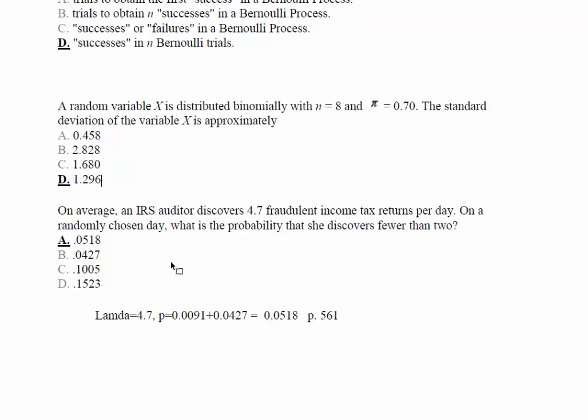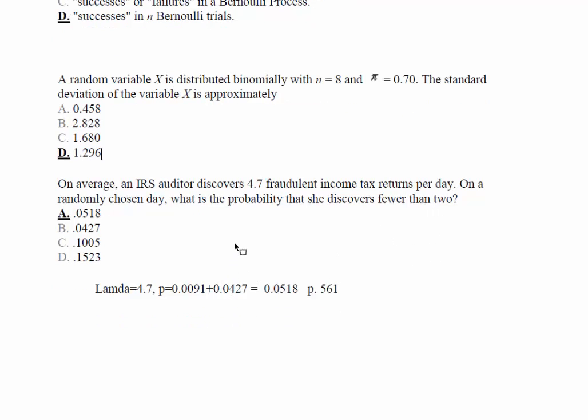Next question. On average, an IRS auditor discovers 4.7 fraudulent income tax returns per day. That's pretty bad. On a randomly chosen day, what is the probability that she discovers fewer than 2? First, what kind of distribution is this?